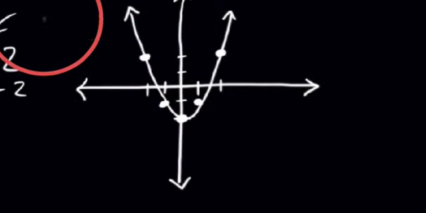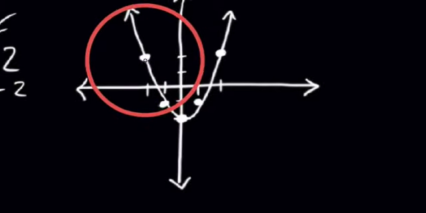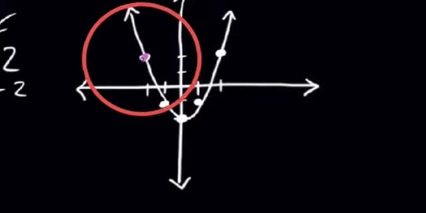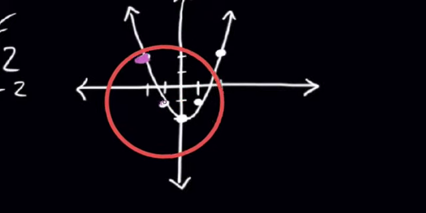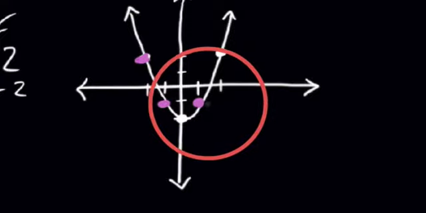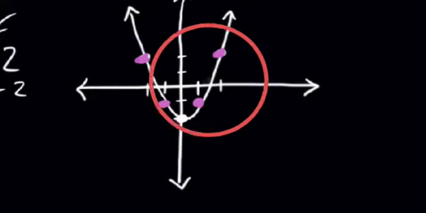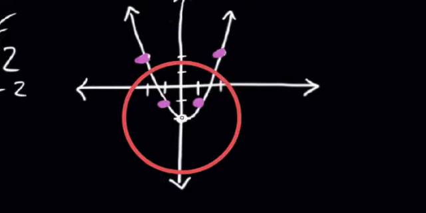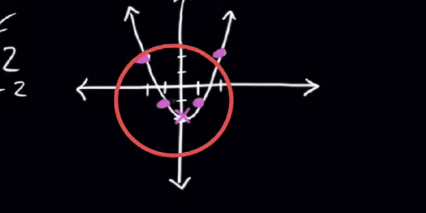But I want to posit one argument here. What if we knew that maybe these 4 points were on the graph, and we assumed we didn't know this other point was on the graph? All we knew were these 4 points.